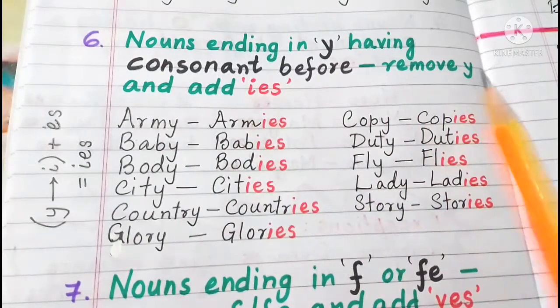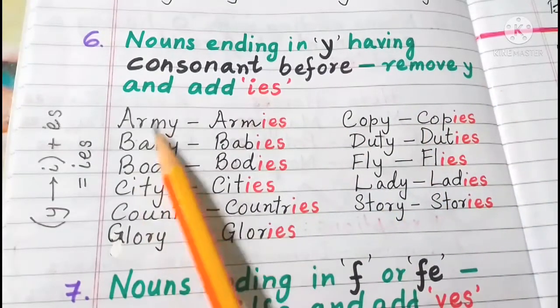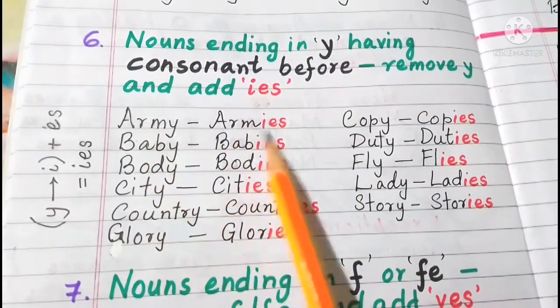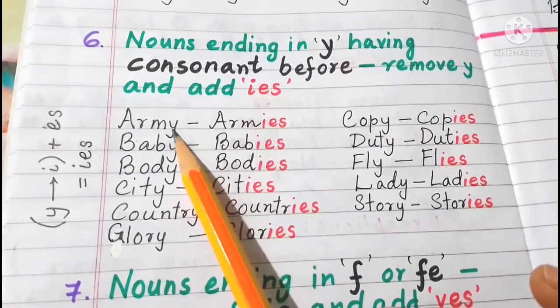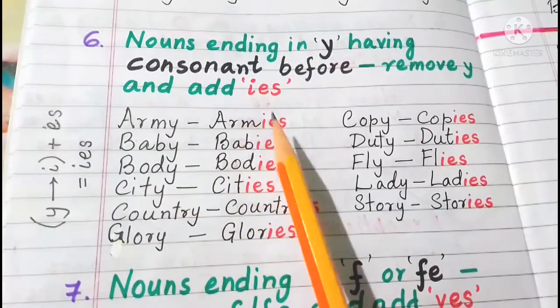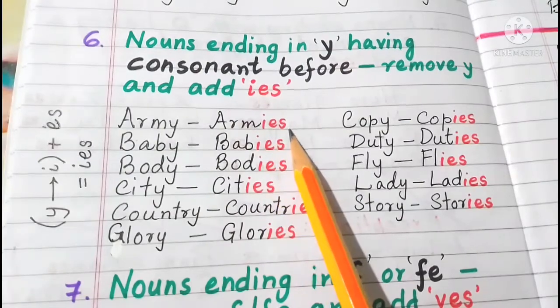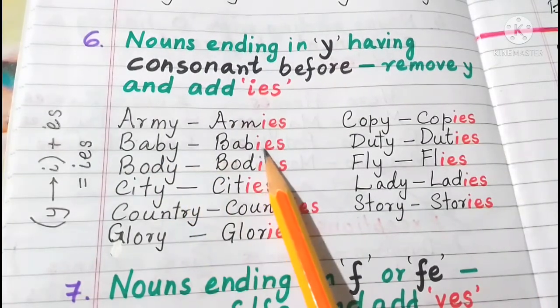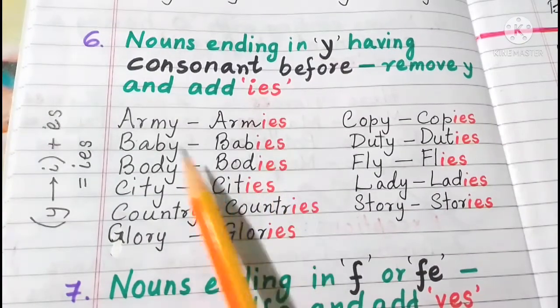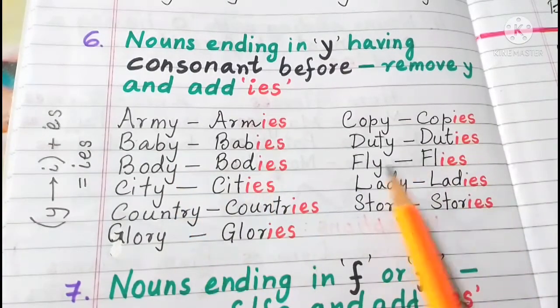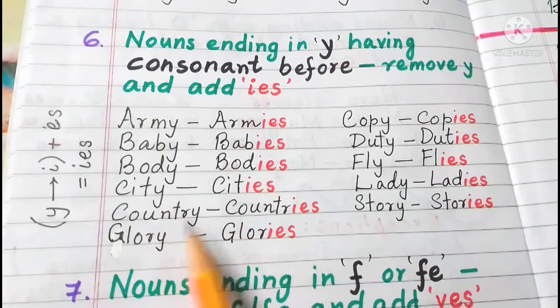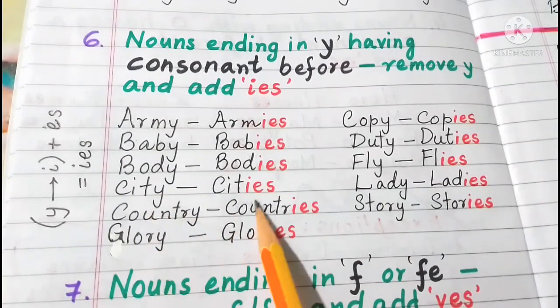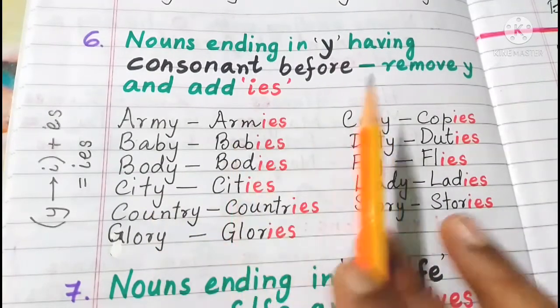Is it clear? So it is army, armies. You have removed the y and added ies instead. Baby, babies. Copy, copies, duty, duties, fly, flies, lady, ladies, country, countries, glory, glories, city, cities, etc. I think the examples are clear.